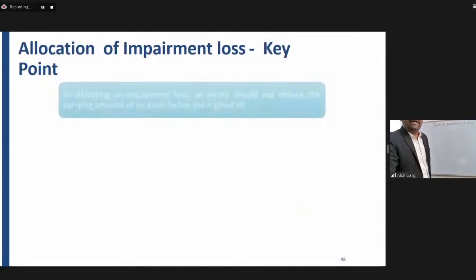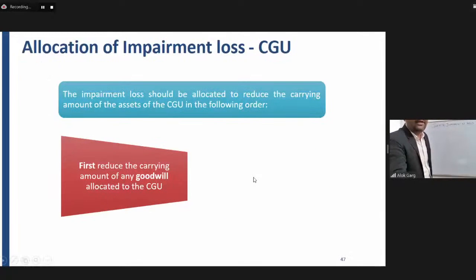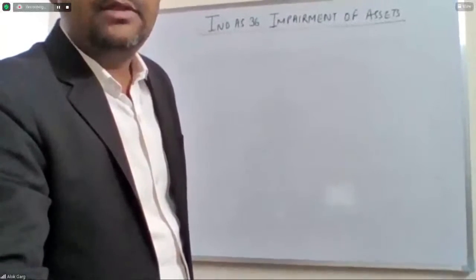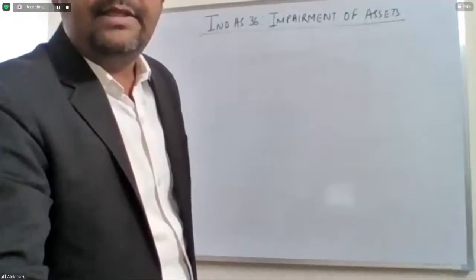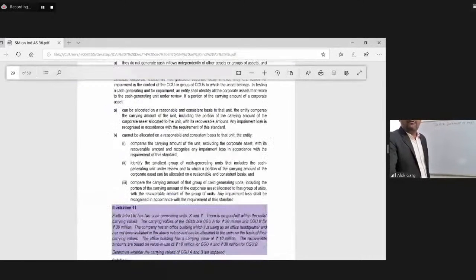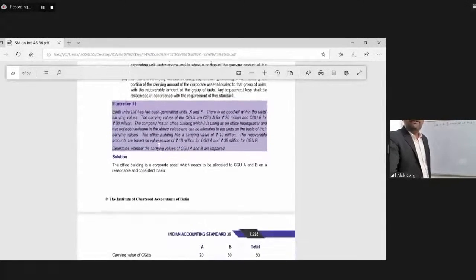First of all, I'll take you through an example of a corporate asset, illustration number 11 of this ICAI study material, page number 7.234. Is it visible?